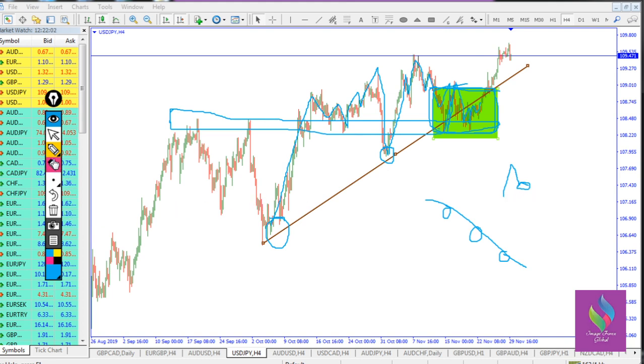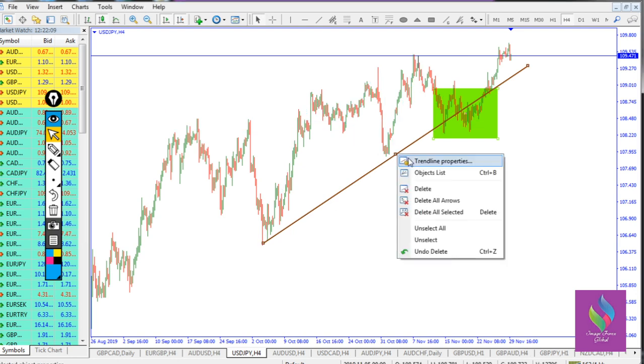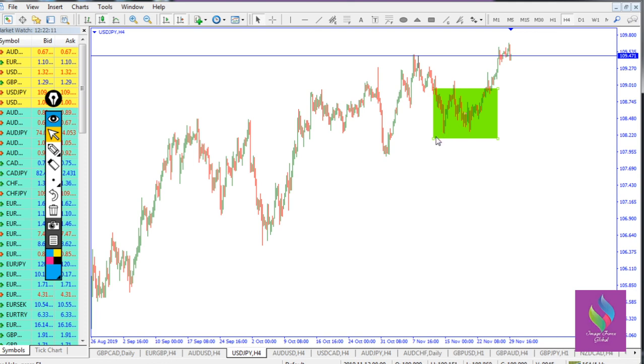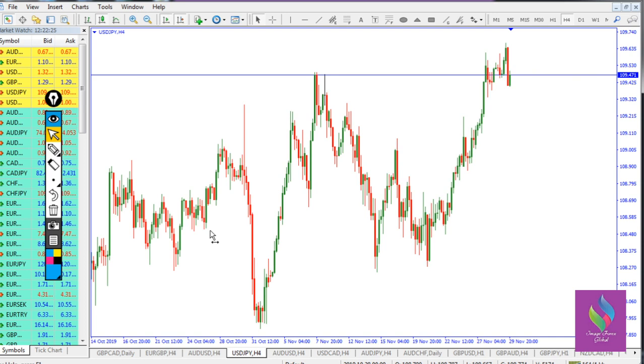Okay, now let's take it further to another level. Okay, now you guys know when trend lines actually occur. Let's take it a little bit further. Okay, let's use this area.